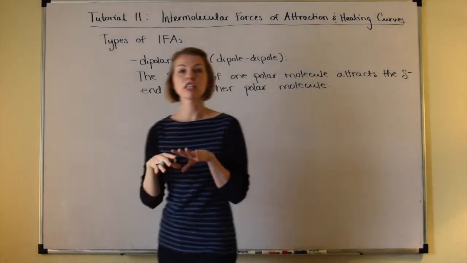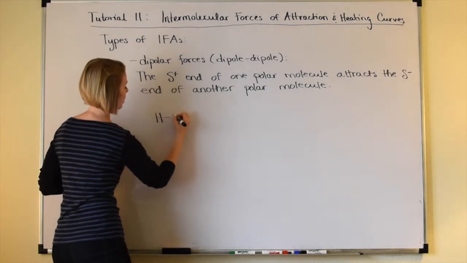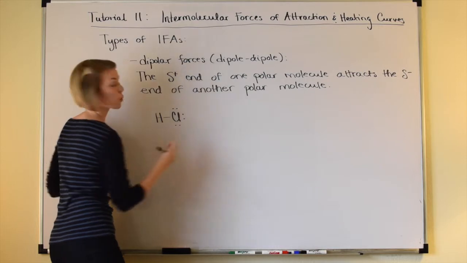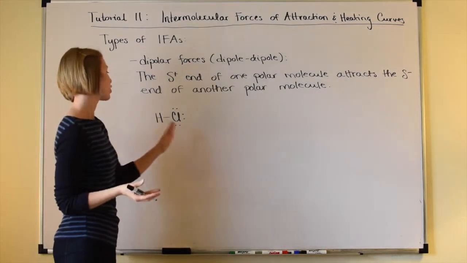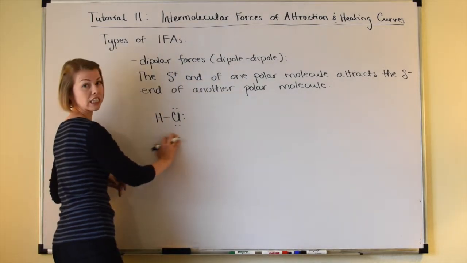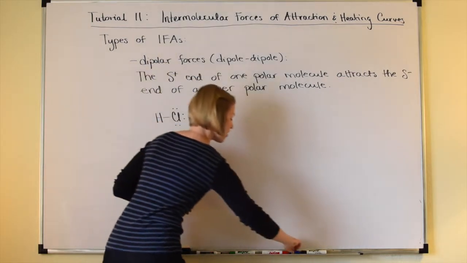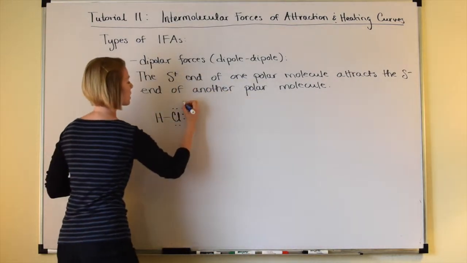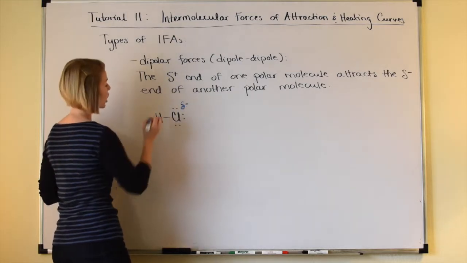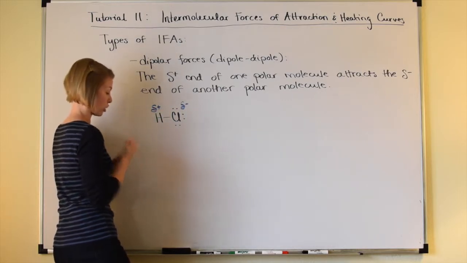Okay, so let's go ahead and draw this for HCl, which was one of the examples we used in tutorial number 10 to teach what a polar bond is. And you might remember we checked the delta EN and calculated that this bond would have uneven electron sharing, and that the chlorine would be winning the tug of war for the electron density and therefore have a partial negative charge, leaving our hydrogen partial positive in charge.